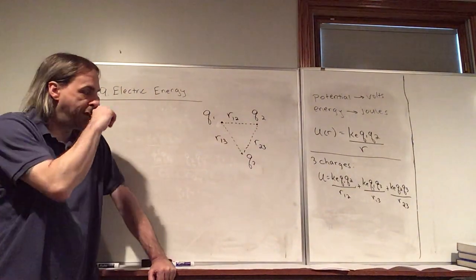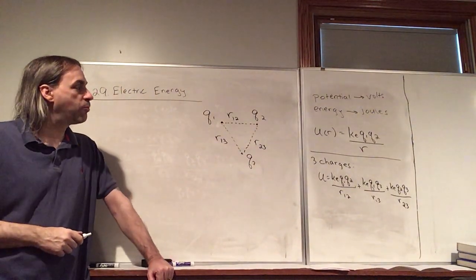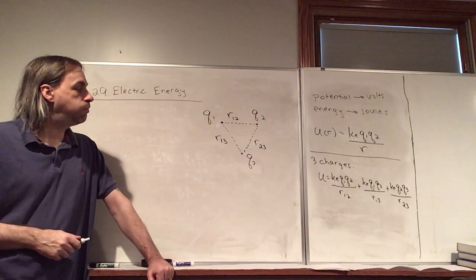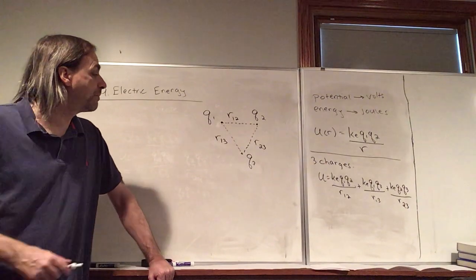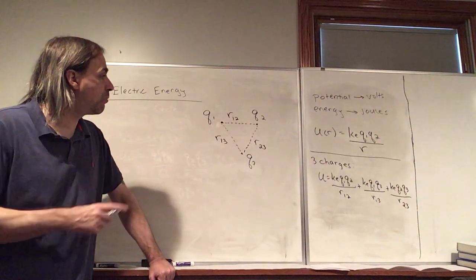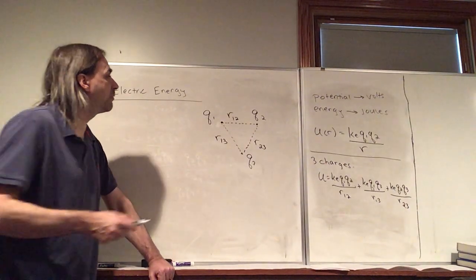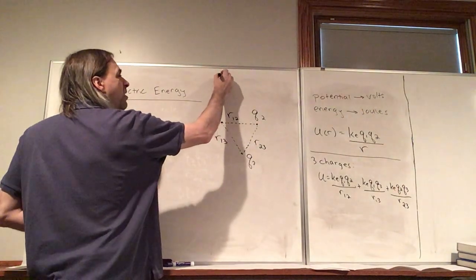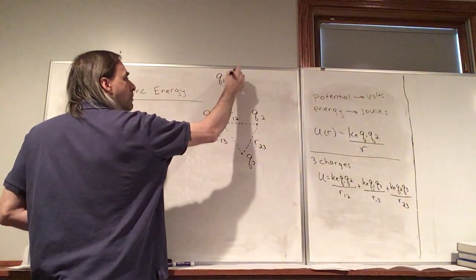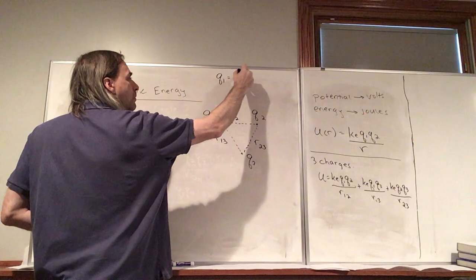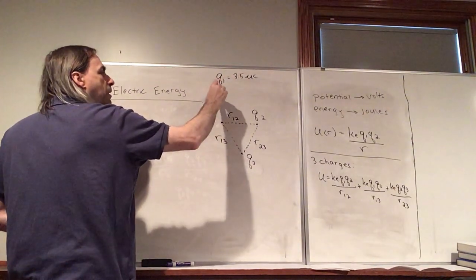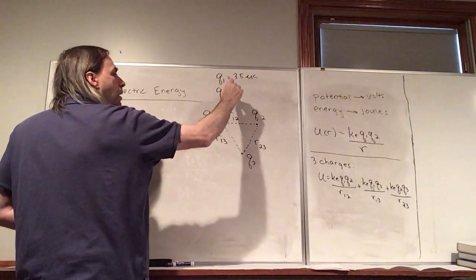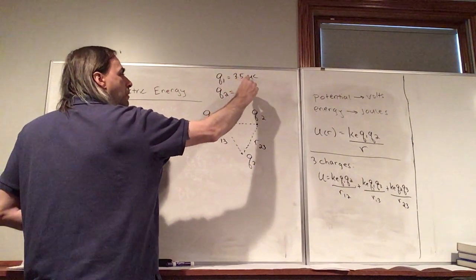So to start out with, let's make this an actual problem. Let's just make up some numbers. Here, let's say Q1 is, say, 3.5 microcoulombs. Let's make Q2 negative.